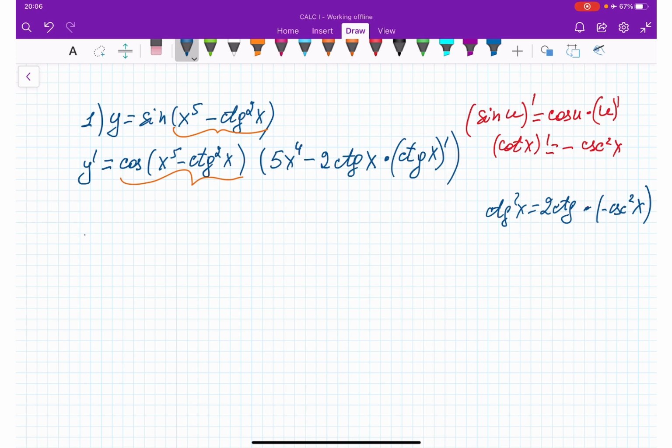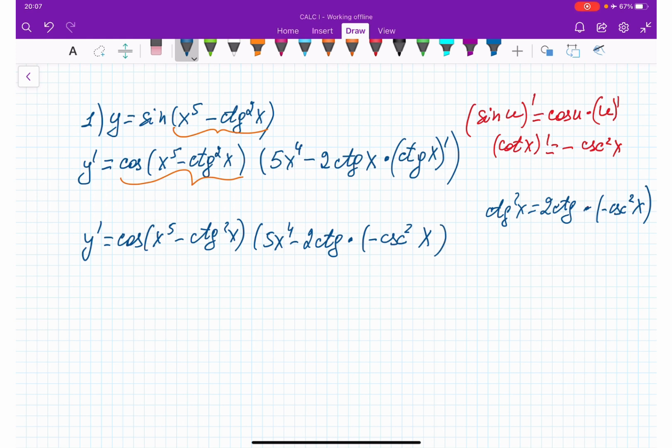So we have y prime is equal cosine of x to 5 minus cotangent squared x, and then times 5x to 4 minus 2 cotangent x, and times negative cosecant squared x.